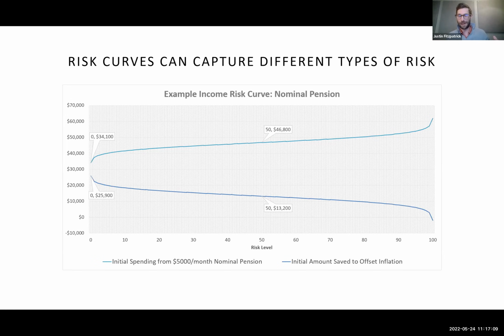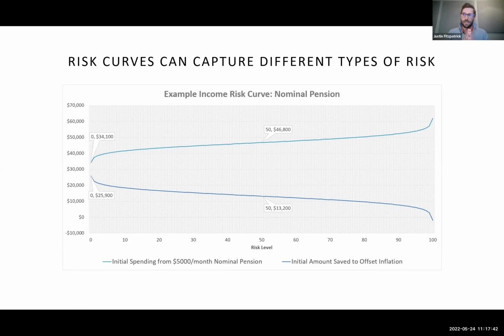They would save $25,900 into a portfolio that they would try to grow and then use in the future to make up for accumulated inflation someday. So over time, that amount that they're spending from their nominal check of $60,000 a year, $5,000 a month, would go up. So they'd start spending more and more of it to keep up with inflation. After some point, they would actually be spending all 60,000 of it, and then they would be drawing also from that portfolio that they've been accumulating over time, right?